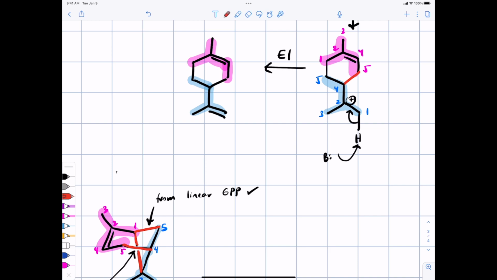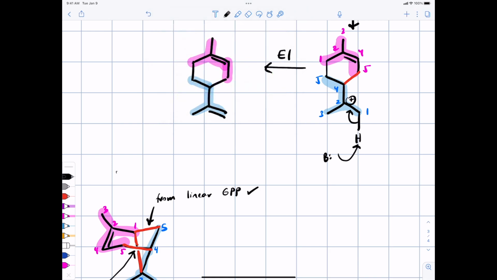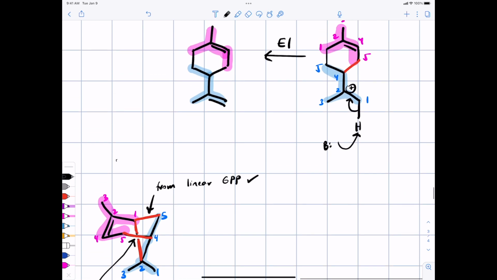Let me maybe give you a hint. Carbon 1 is an allylic carbon. It's adjacent to a pi bond.